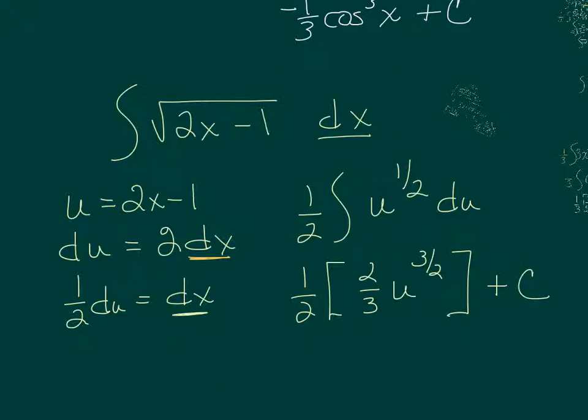The 2's cancel, and we get 1/3 u to the 3/2, but u is 2x minus 1, plus c. So that is a fairly simple way to integrate that. Makes the problem look easier, a little less complicated when we're doing the actual integration. We just have to remember to go back and reinsert our 2x minus 1.